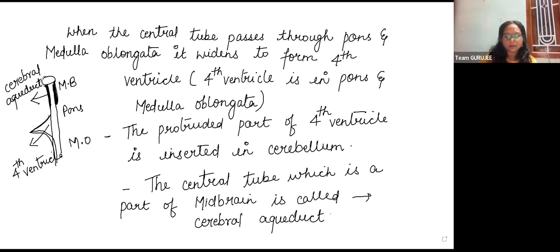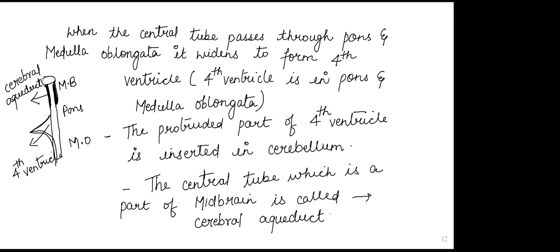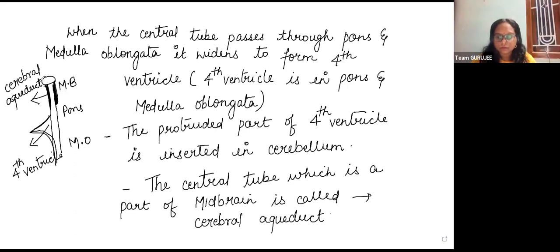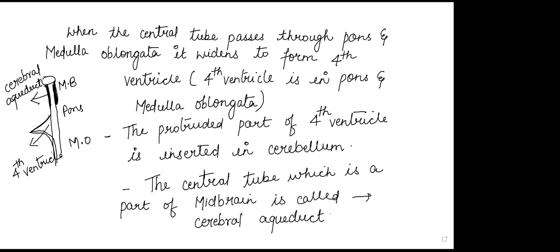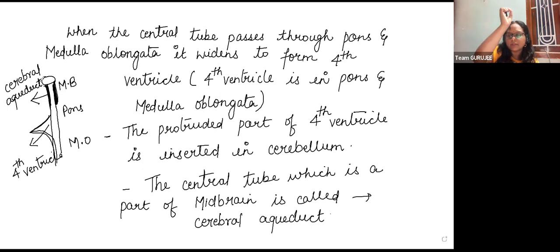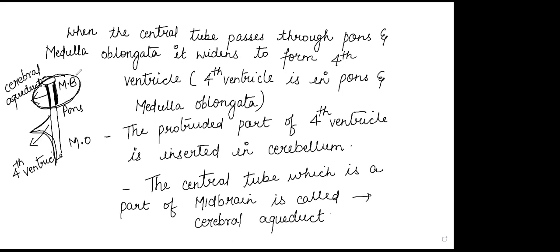Did you understand? These are separate names given, that's all. Yes, ma'am. The tube is starting from the midbrain, it is coming till the medulla oblongata. The tube is a big tube, but the portion in the midbrain has a name.